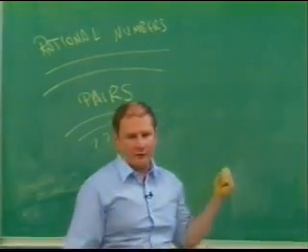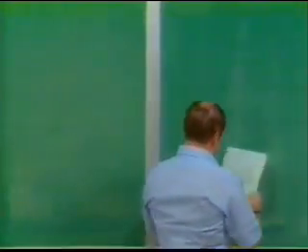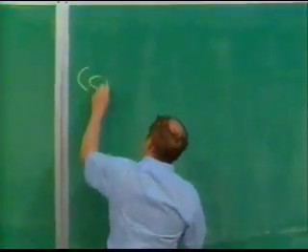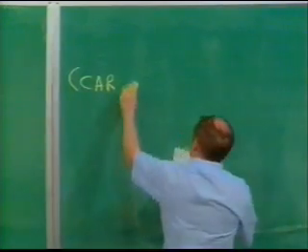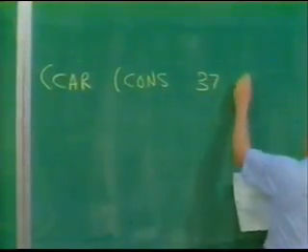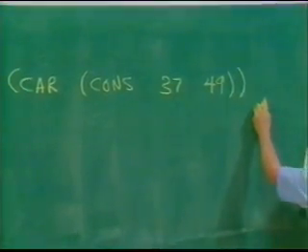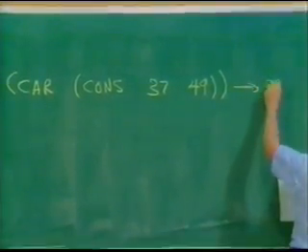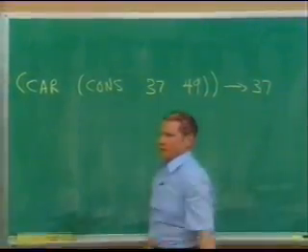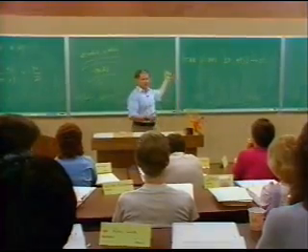See, all I should have to convince you of is, for example, that car of cons of 37 and 49 is 37, for arbitrary values of 37 and 49, and cdr the same way.